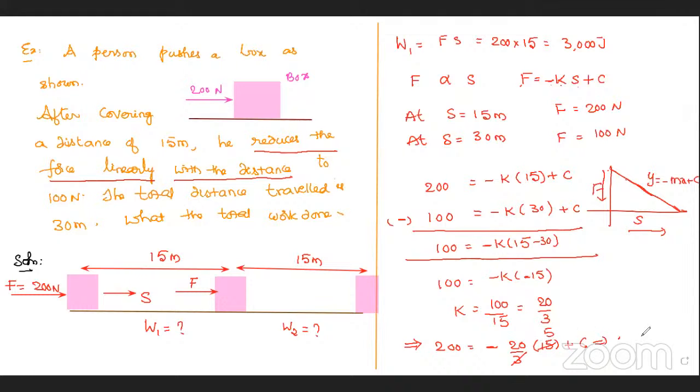That implies C equals 200 plus 100, so C equals 300. Finally, I got the equation for the force, Nana: F equals minus 20 by 3 into x plus 300.